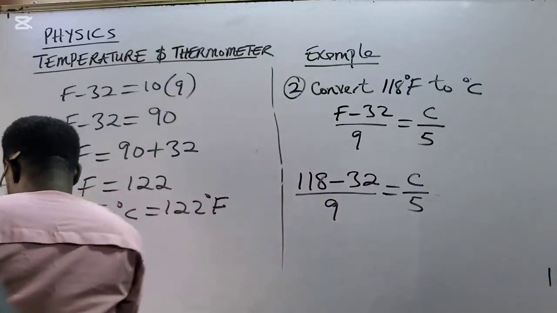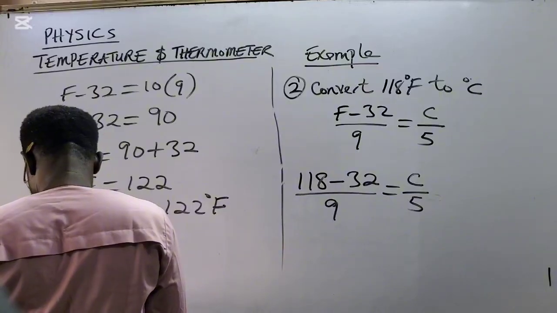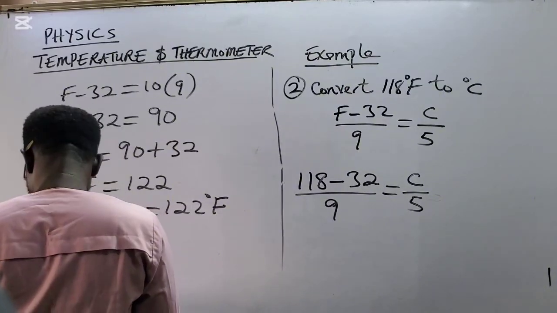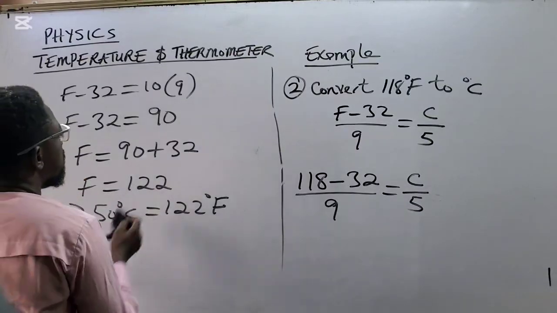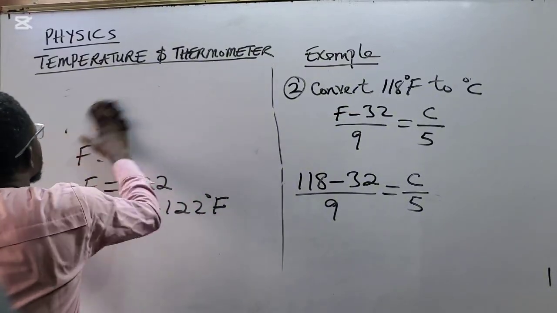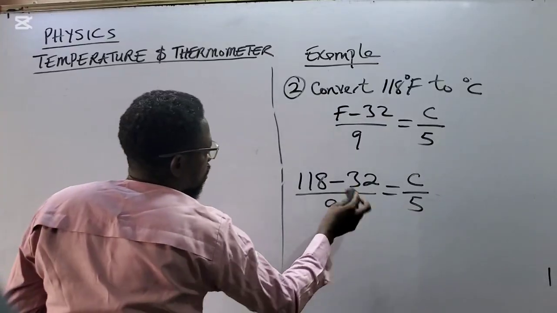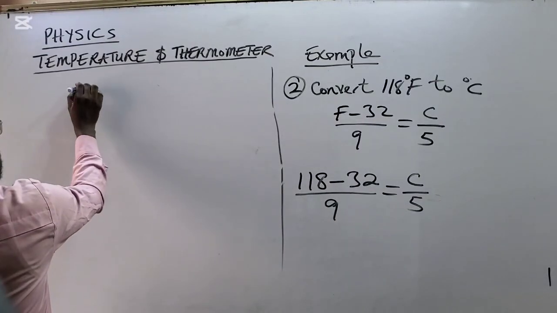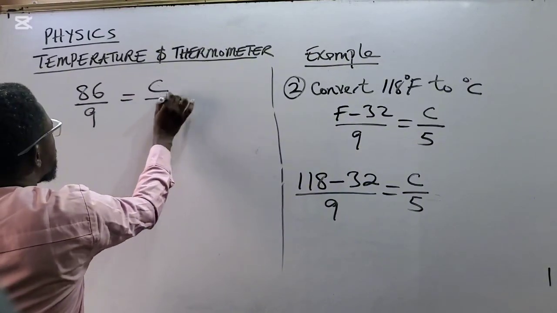It's just a simple trick to apply. When you subtract, you get 86 over 9 equals C over 5.